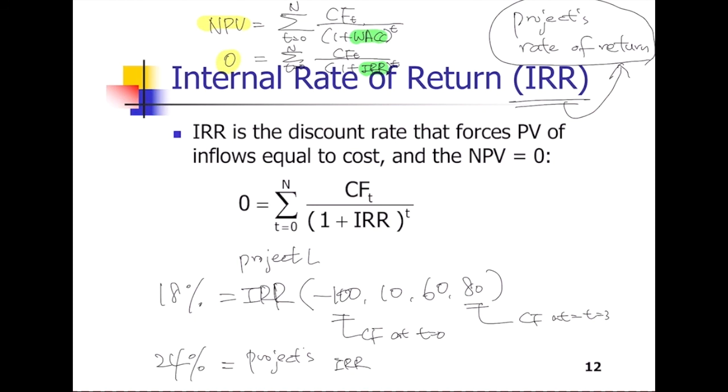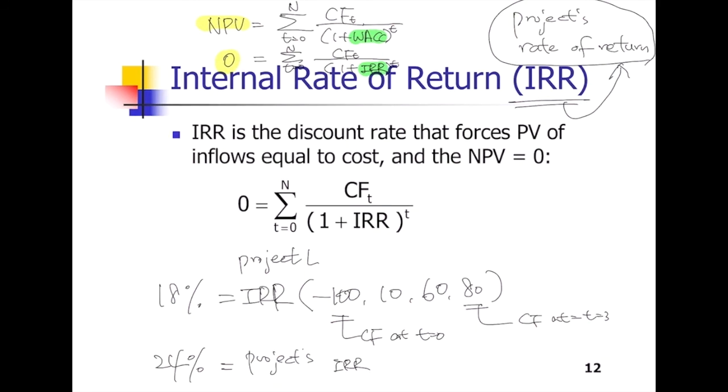Which project is better, project L or project S? Yeah, project S, right? The expected rate of return, or the project rate of return, is higher in project S, and it has a lower return in project L, right? In addition, there is a decision rule about IRR. Do you remember what the decision rule about NPV is?